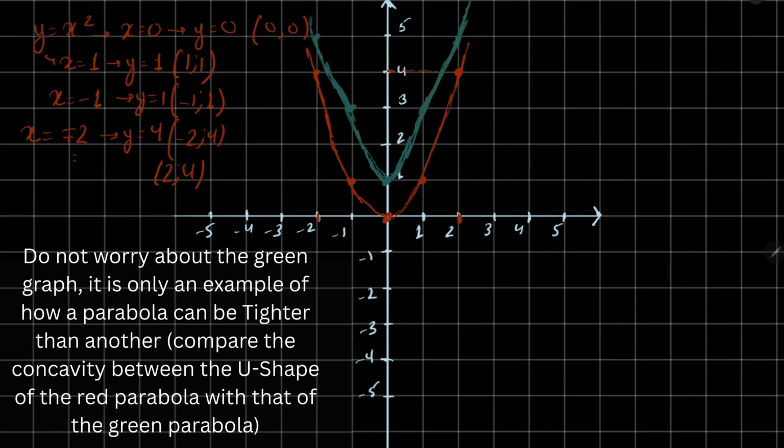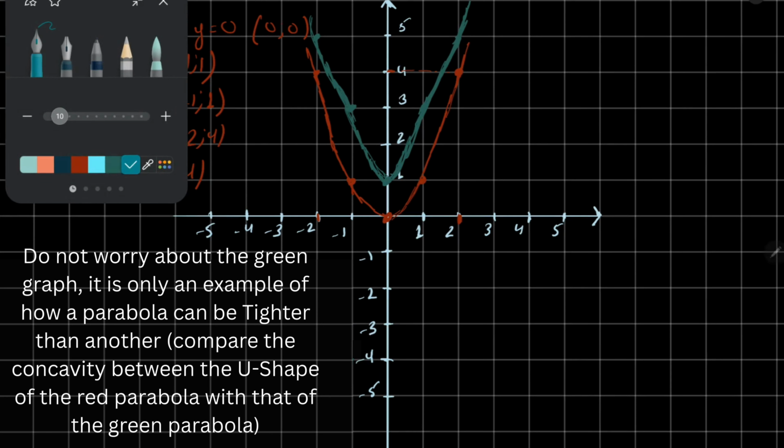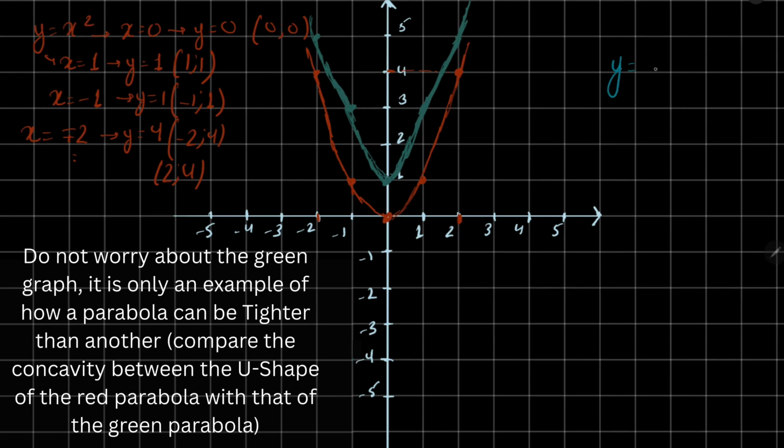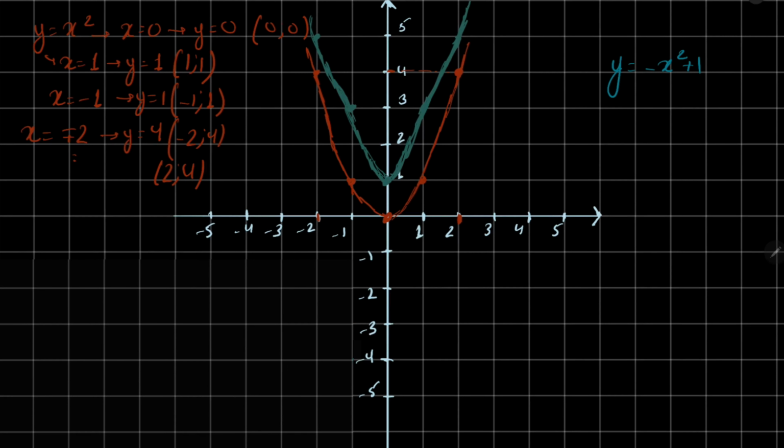Let's now take the graph of y equals to minus x squared plus 1. In order to draw this graph, we have also to find some points on the curve and try to join them in order to find the U shape of this graph. So let's take for x equal to 0, y will be equal to 1.